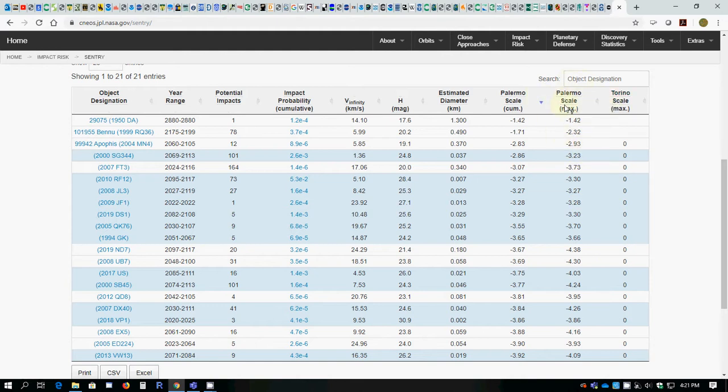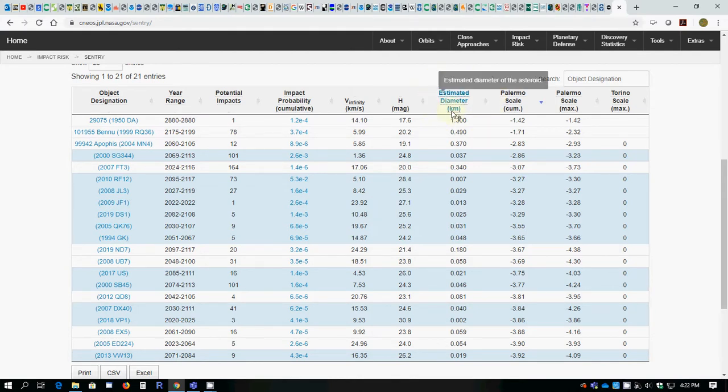Palermo scale takes into account the energy of the object, which is closely related to its size and how fast it's moving with respect to Earth, and the chances that it's going to hit the Earth. So the Palermo scale is a true risk measurement in that it takes into account how likely something is to happen times the damage that would be expected.